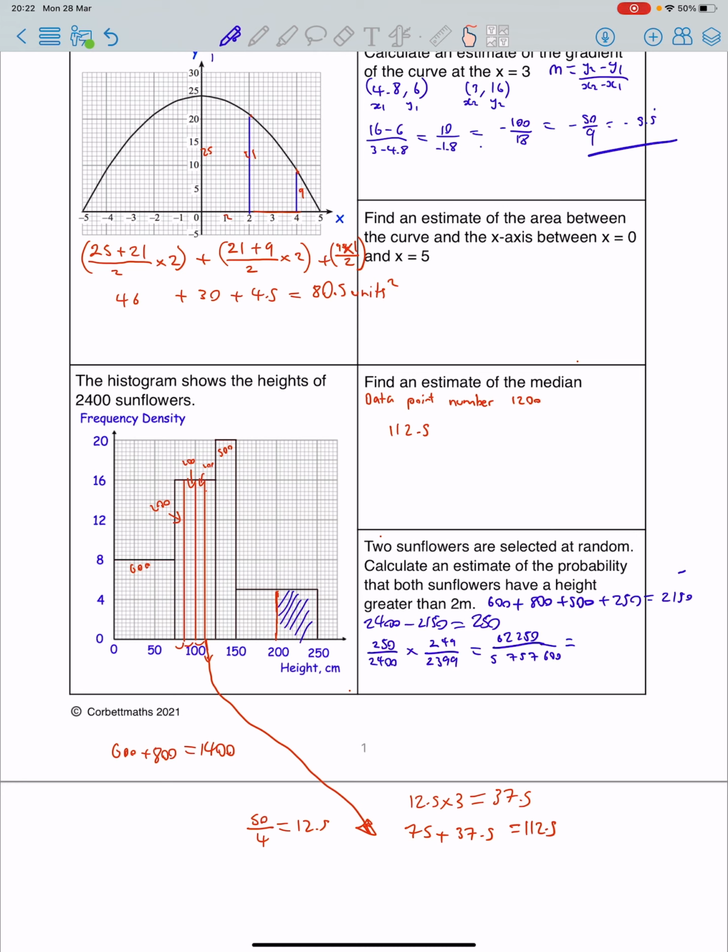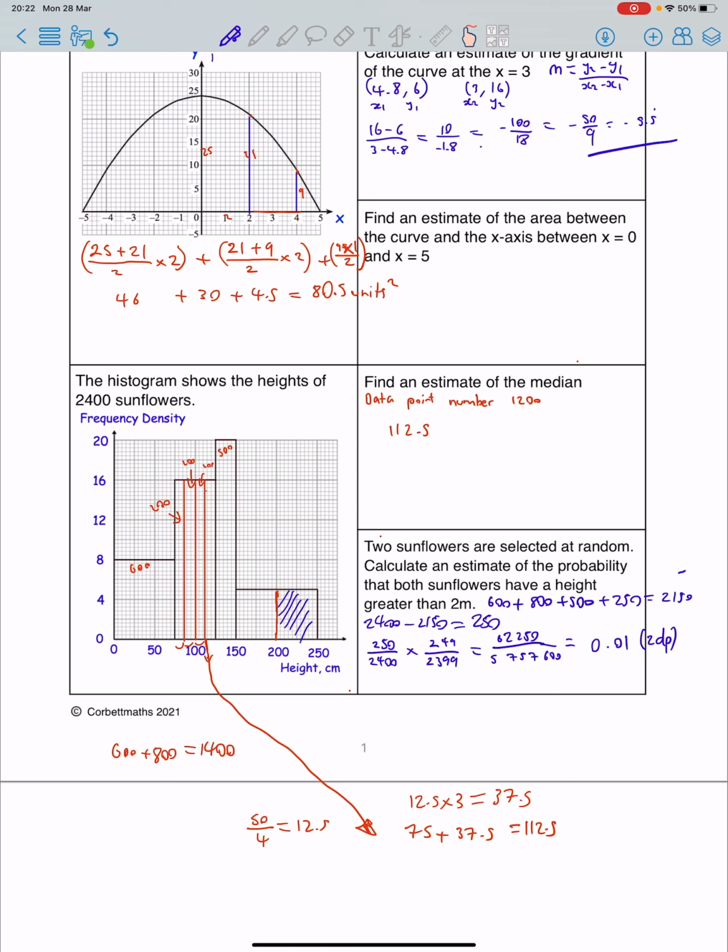And then I'm going to do 62,250 divided by the answer, 5,757,600. And that's about 0.01 to 2 decimal places.